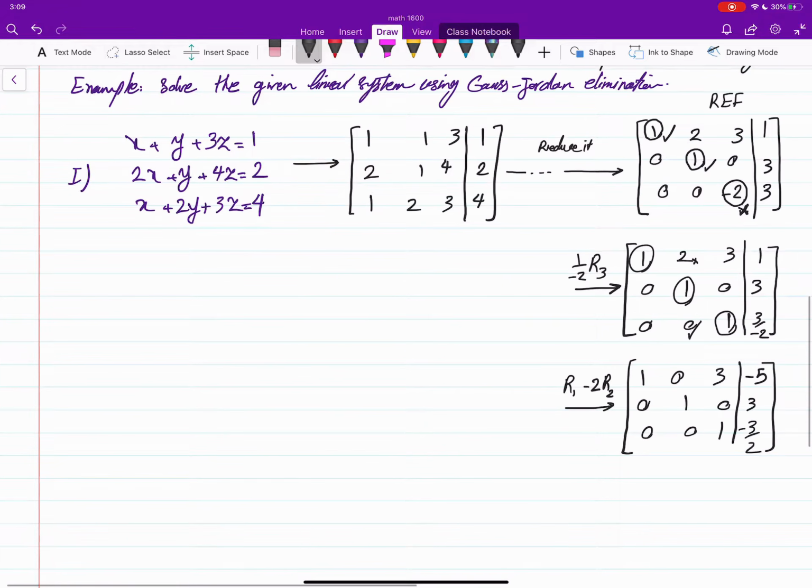Nice, so this is done. This is now very good. We have to check the entries above the last leading one. This is already 1. We have to make that one 0. For that, we replace R1 by R1 minus 3 times R3. R2 and R3 stay the same.